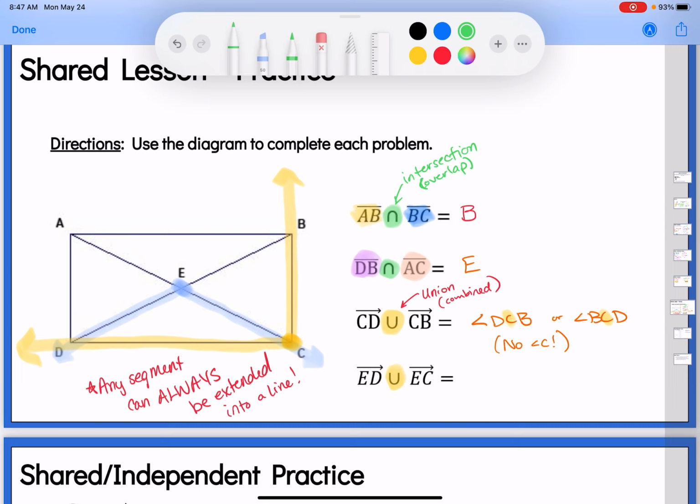This time the vertex is E, so I have angle DEC, or I could say angle CED, but no angle E, because I have a whole bunch of angle E's. So I just got to make sure that E is in the middle, but you got to use 3 letters.